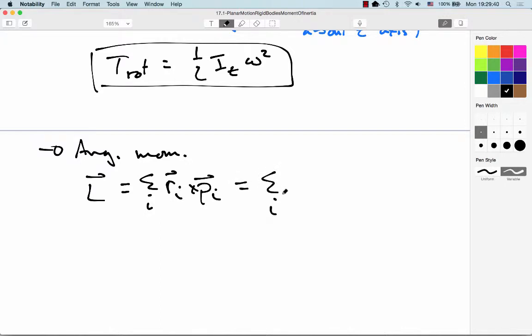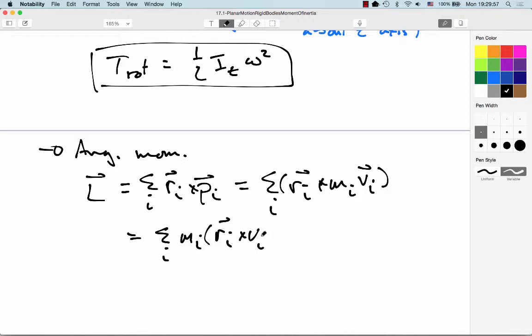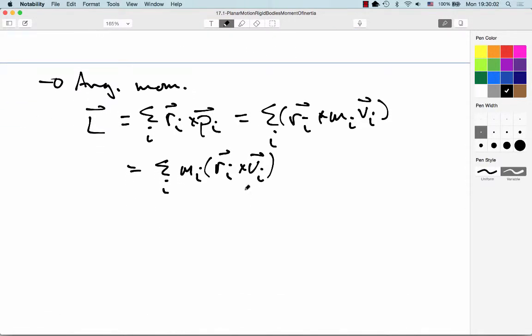So that'll be equal to sum over i, Ri cross mi vi. And I can pull that m out of the parentheses, but not out of the sum. Ri cross Vi, like so. And then we can put in what our Vi is. It's omega cross Ri. So sum over i, mi, Ri cross omega cross Ri.